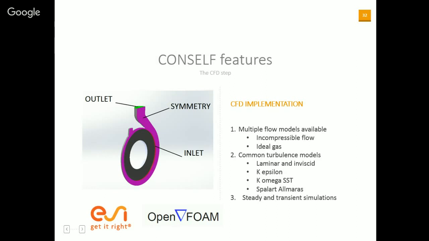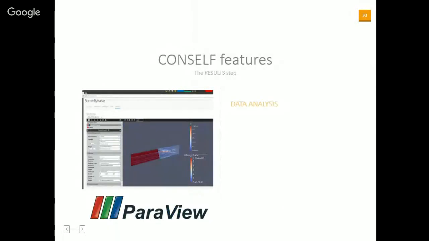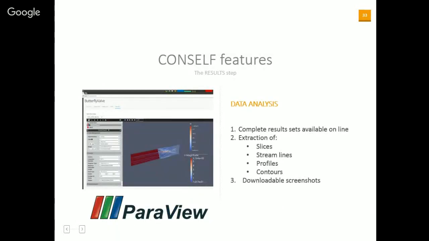I would like to mention that since we are using OpenFOAM, our results are well validated by the ESI group, which is the group that actually develops OpenFOAM. Conself obviously also offers post-processing features. It is possible to use most of the popular post-processing tools, such as slices, clip slice, profiles, and contour plots. It is also possible to download screenshots in particular.